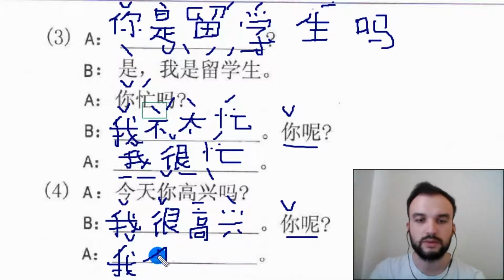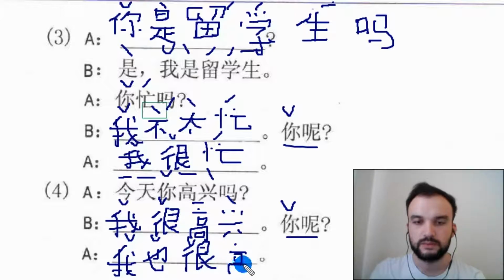我也很高兴. And here we have three third tones.